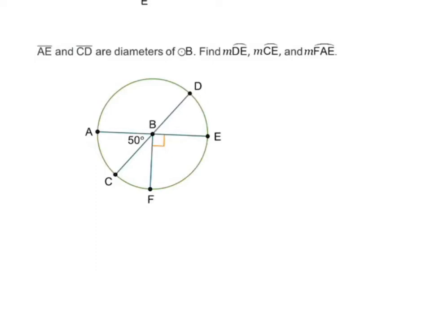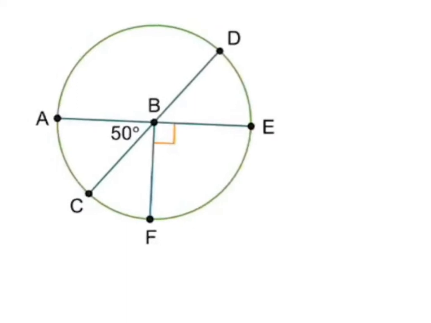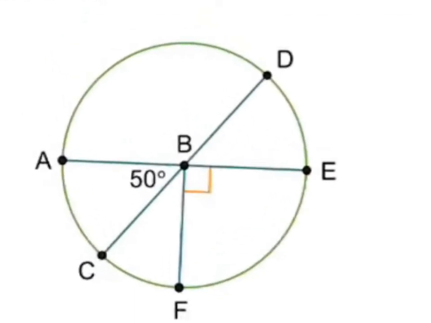The first thing I'm going to do is figure out what all these interior angles are. These are diameters, so I know that this whole thing is 180 degrees. Same thing with these angles. I also know that this angle down here is a right angle, so this is 90 degrees.